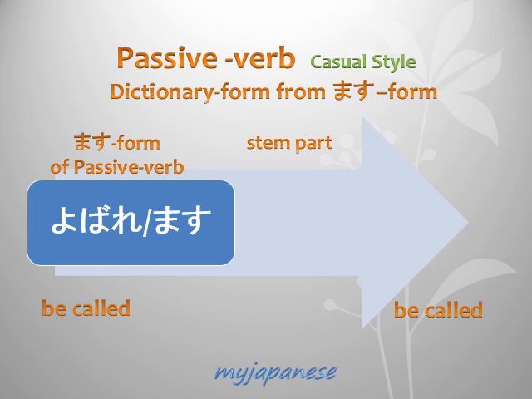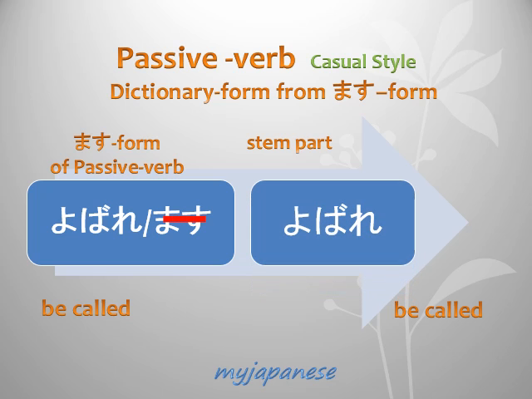Yes, omit the masu and add certain words to the stem part. To make dictionary form, add ru at the bottom. Yobareru is the dictionary form of passive verb. Same meaning as yobaremasu, be called. Present affirmation, but it is casual style. Okay?